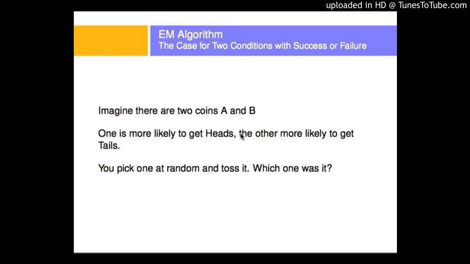There are formulas to compute that, and we're going to use them. So let's go back to our example. The 5 rounds of 10 coin tosses: I picked randomly a coin without knowing this time which coin it was, and I tossed it 10 times. For example, the first time I picked a coin and tossed it, it yielded this number of heads and tails. The second time it yielded the rest, and so on and so forth.